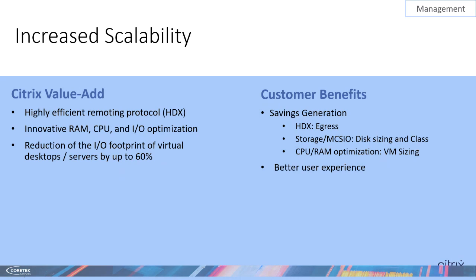So again, that highly efficient protocol. HDX has been around for a long time. ICA protocol has been around for years and has been modified and continuously evolved to assure that we have the absolute best protocol possible for remoting.